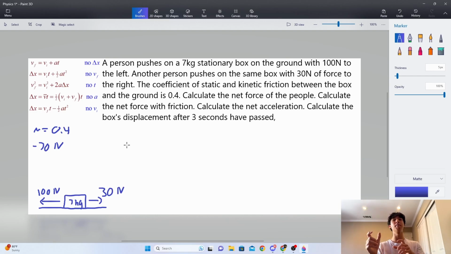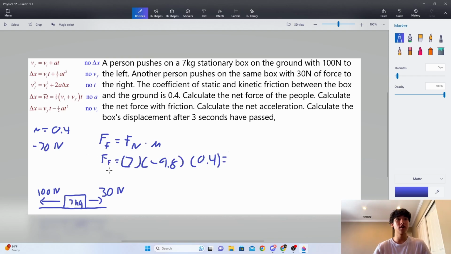So what that means is now using that movement, because movement means that there's friction if the problem says there's friction. If the problem says there's no friction, there's no friction. But this is the movement of the box. So now we need to find the frictional force. Well, how do we do that? It's the same thing as last time, and it should be the same number, where frictional force is just normal force times mu, right? So it's just 7 times negative 9.8 again, times 0.4.